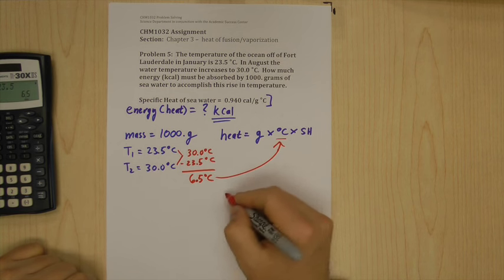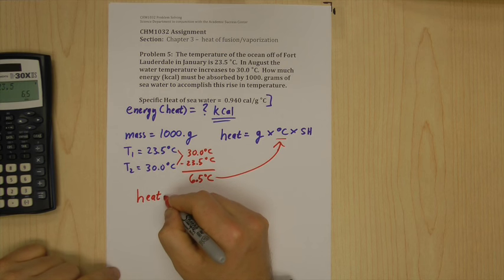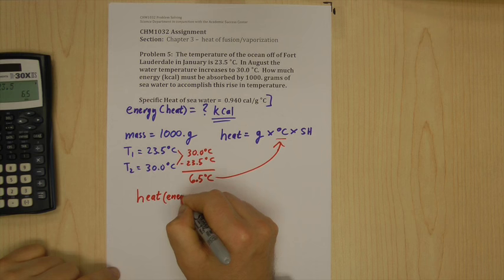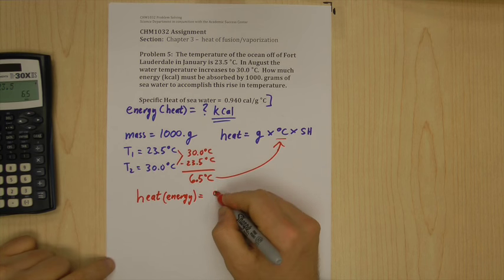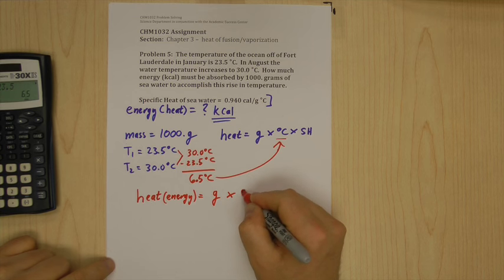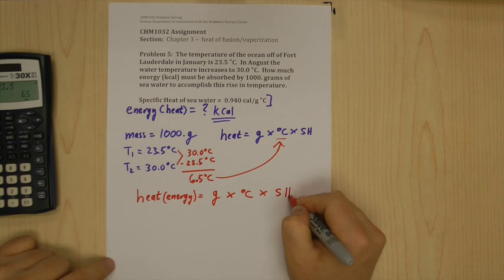All right, so let's plug the numbers in. Here we just rewrite the heat expression. Heat, think of that as energy, because that's what it is, heat energy, equals grams multiplied by change in temperature multiplied by specific heat.